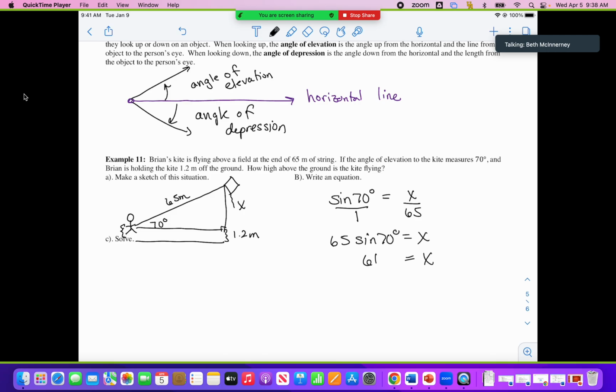So I said 61.1, but you have to take 61.1 plus 1.2, that's how high the kite is above the ground. Does that make sense when you see it? Okay.